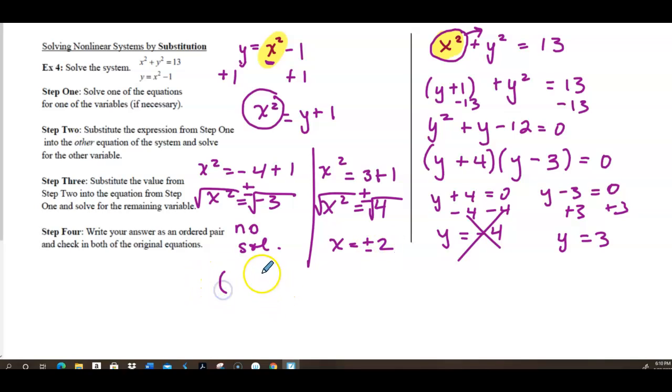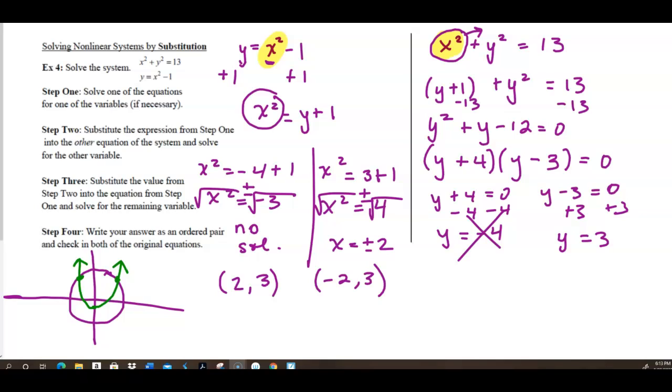So this means I get the solution when x is 2, y is 3, and when x is negative 2, y is also 3. And I'm going to quickly draw the picture. So here's this adorably cute picture down here for you. And you can see that you have a circle and a parabola, and here's where they intersect at right 2 up 3 and left 2 up 3.